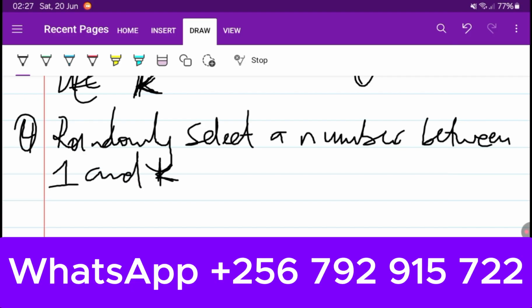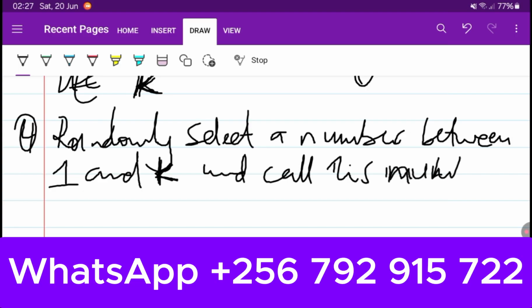That k we have computed in step 3, and let's say we call this number x.